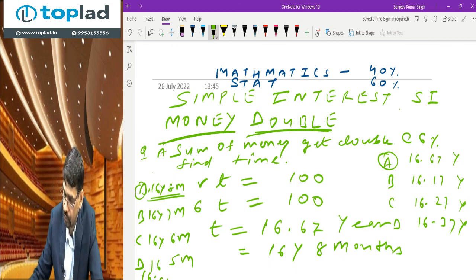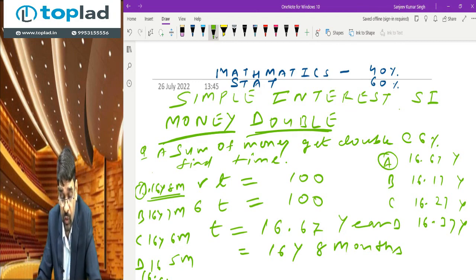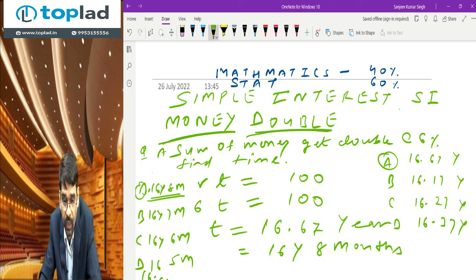You have to give importance to each and every question if you really want to get 100 marks, because maths is a very scoring subject. If you write the correct answer, you will get full marks.